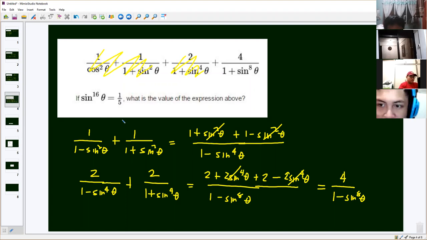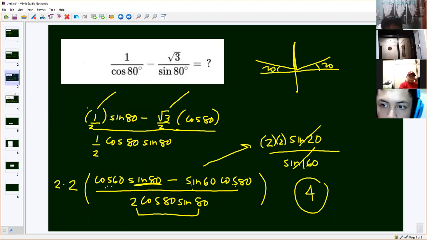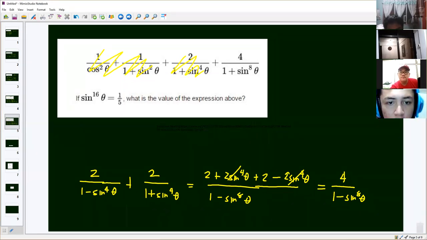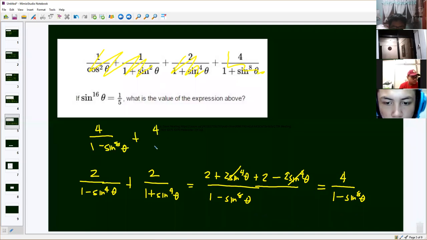Then adding it to the next one, which is 4 over 1 plus sine to the 8, will complete the whole thing. So 4 over 1 minus sine to the 8 plus 4 over 1 plus sine to the 8.